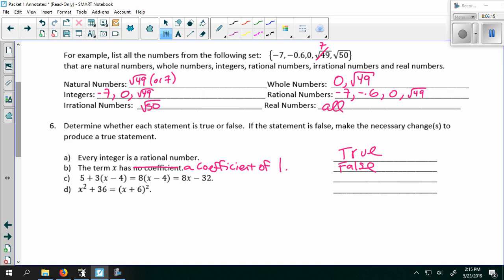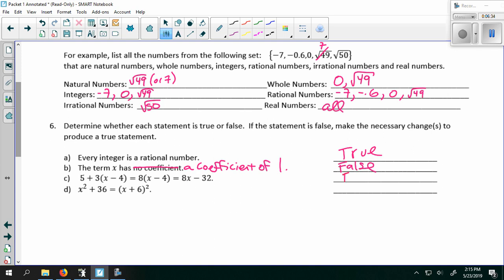Okay, 5 plus 3 times x minus 4 is equal to 8 times x minus 4, which is 8x minus 32. This is false. Okay, you cannot add the 5 plus the 3 first because the order of operations says you have to do the multiplication before you do the addition.